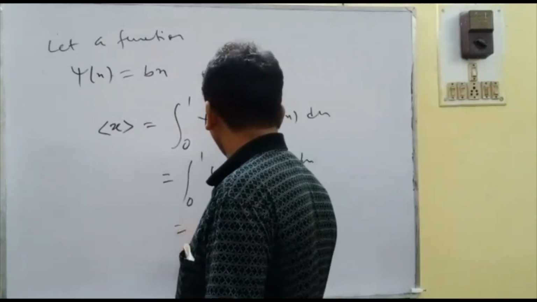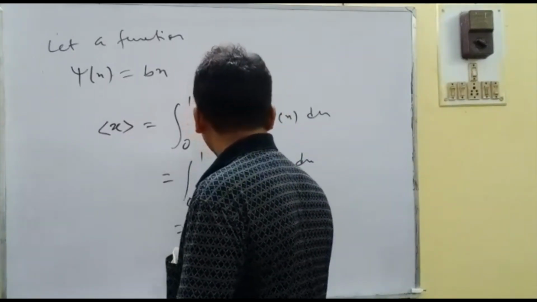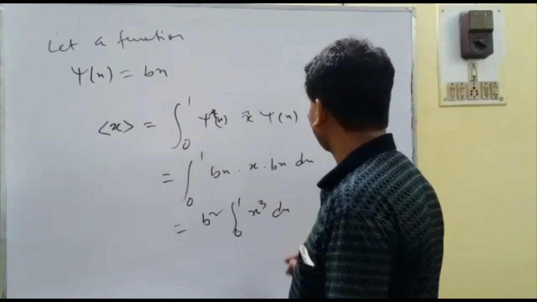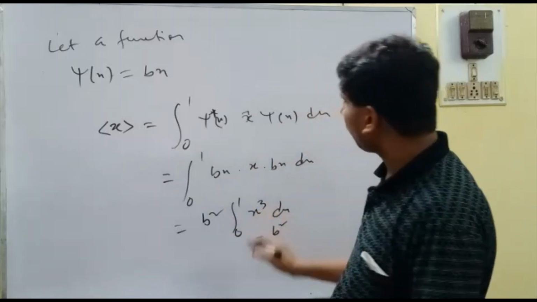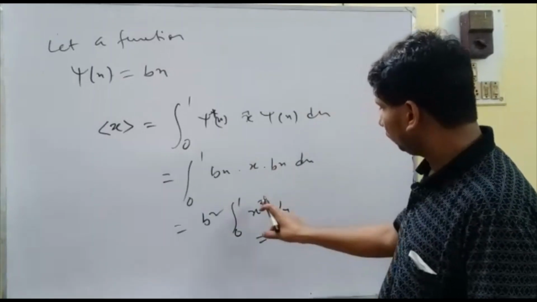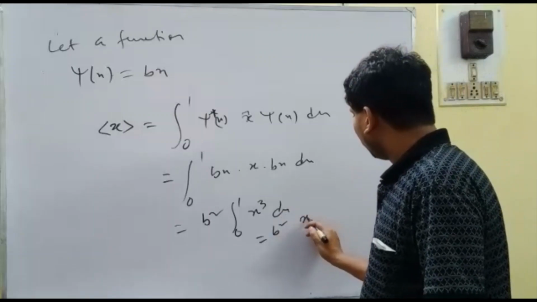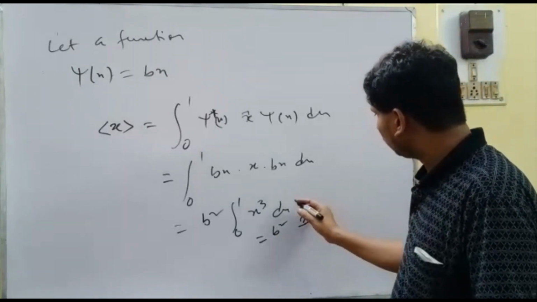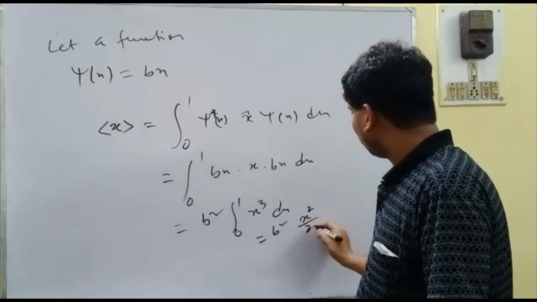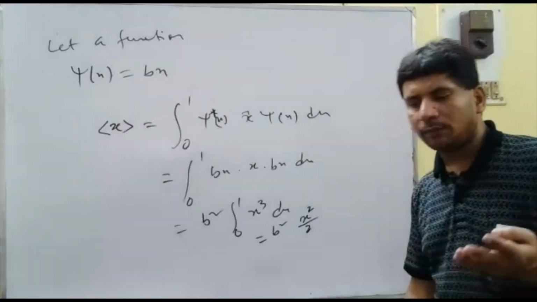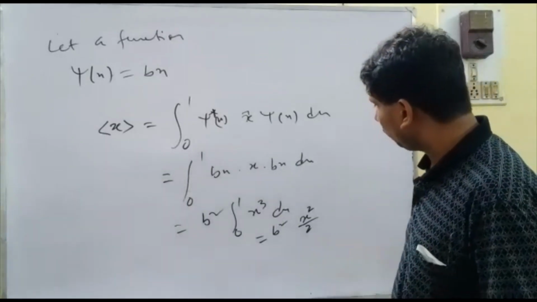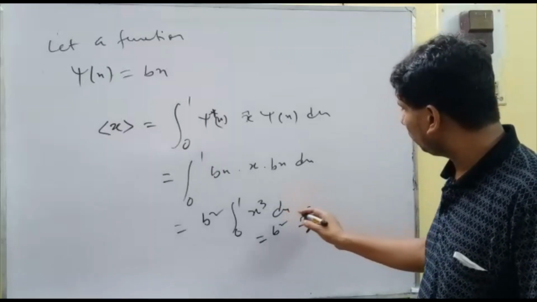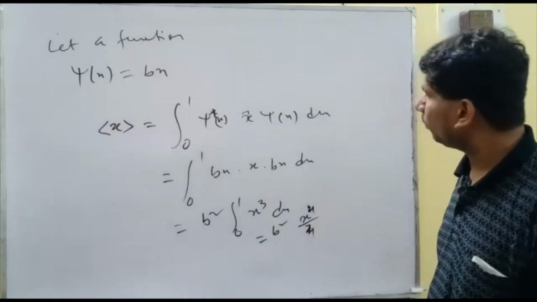Then it will equal b square outside of the integration, 0 to 1 x cube dx. Then b square x to the power 4 by 4, that is n plus 1.